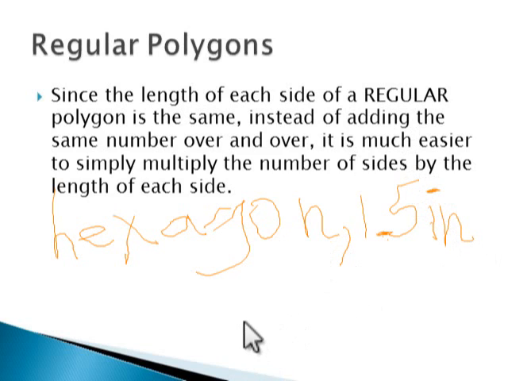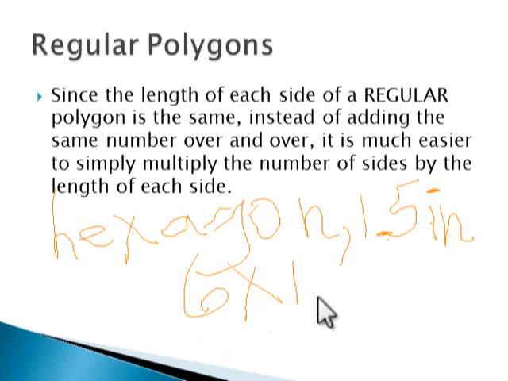So if I drew a hexagon, then I'd have 6 sides. They all measure 1.5 inches. And if they all measure 1.5 inches, then basically what that means is that I would add 1.5 6 times. And repeated addition is the same as multiplication. We're just going to do 6 times 1.5.